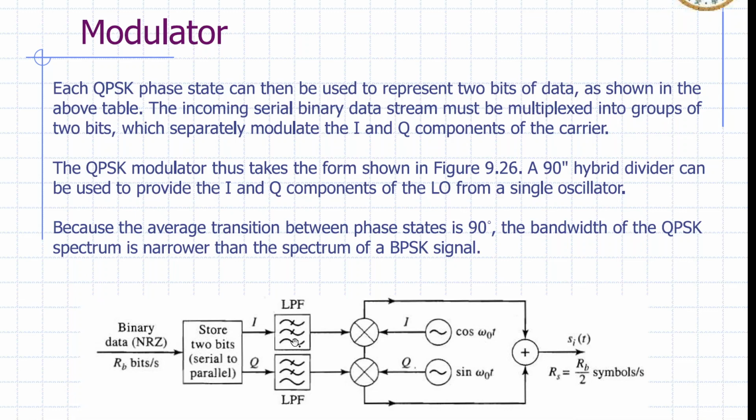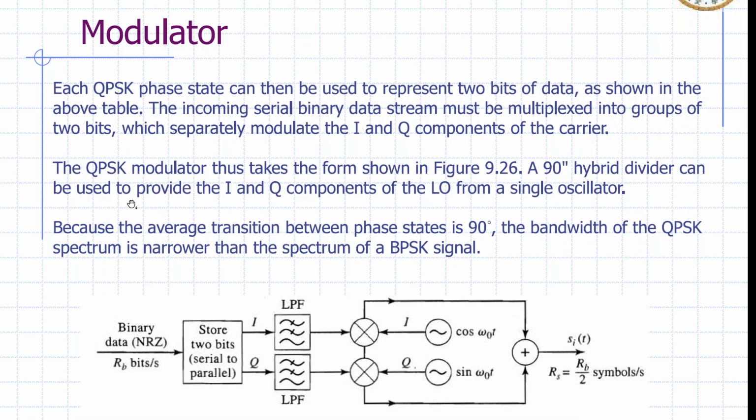Then you have a low pass anti-aliasing filter. Then the bit that has gone through the I channel is multiplied by phi 1 of t, that is cos omega 0 t, and the bit that goes to the Q channel is multiplied by sin omega 0 t, and they are added up to get the QPSK signal. So the QPSK modulator thus takes the form shown in the figure.